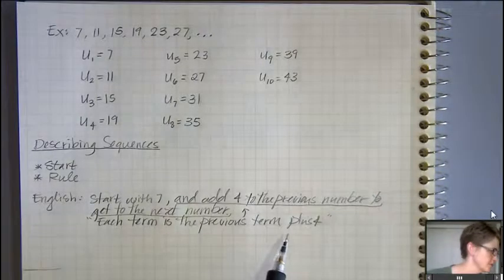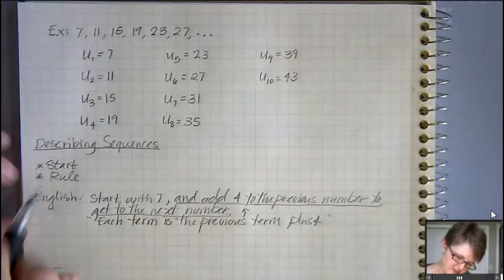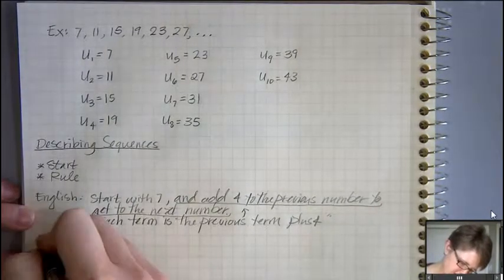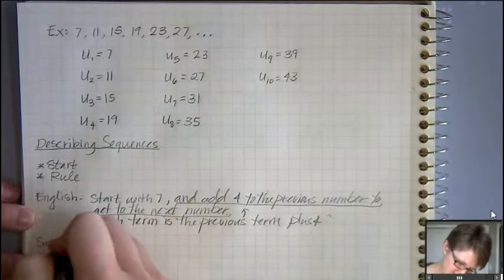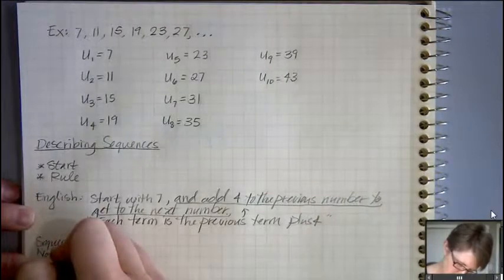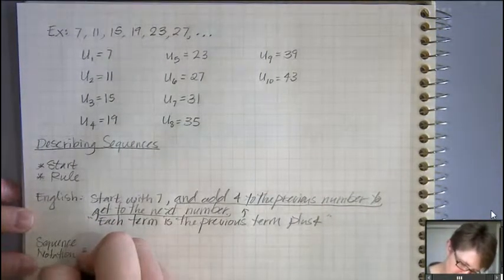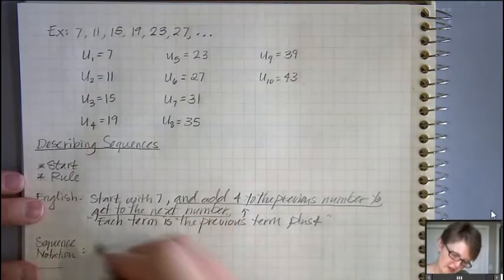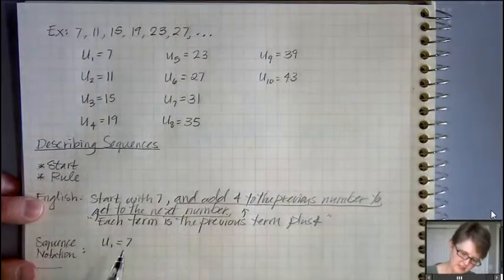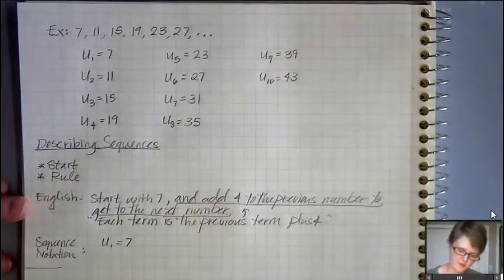So let's go ahead and translate this. I need my starting point and I need my rule. This is called sequence notation. For sequence notation, we're going to have u sub 1 equals 7 is how we translate this: start with 7, or the first term is 7. Remember from the previous page when we wrote that.